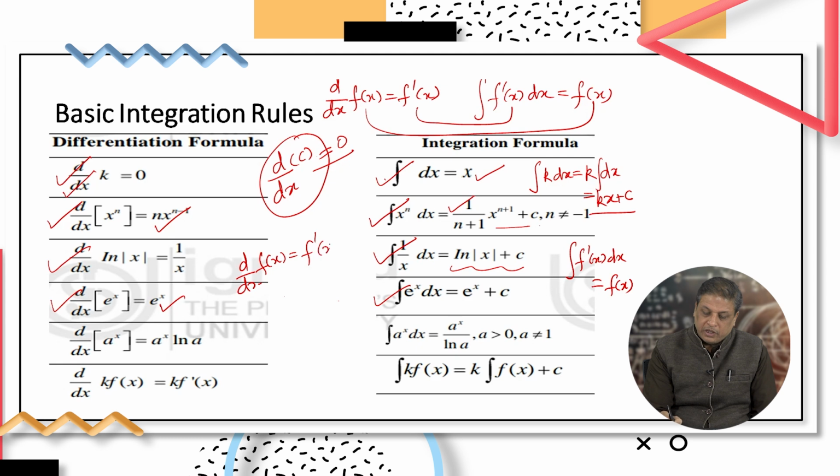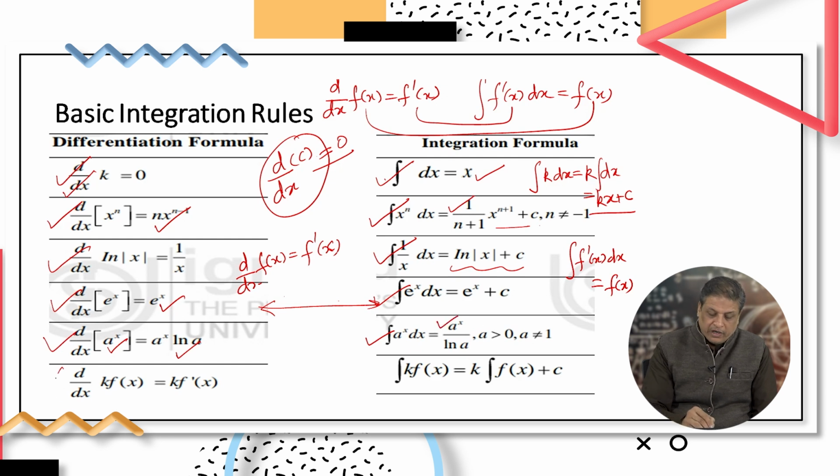Just keep these two things in mind and you will better understand how these formulas are interrelated. Now, the next important formula is d/dx of a to the power x is a to the power x ln a, natural logarithm of a, and on the same lines, integral of a to the power x is a to the power x upon natural logarithm of a.